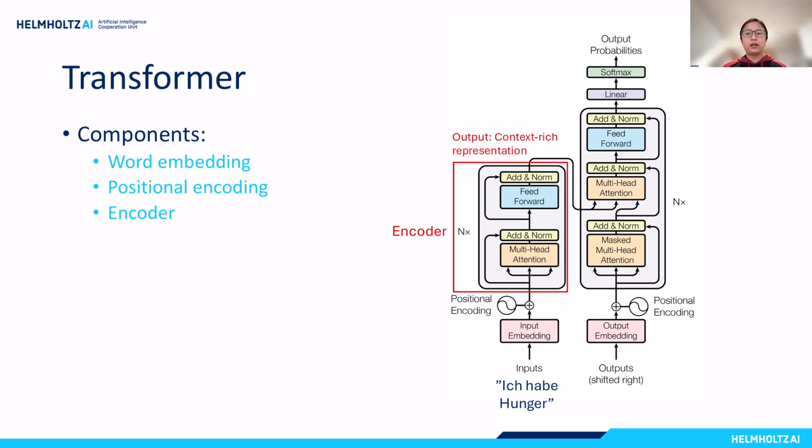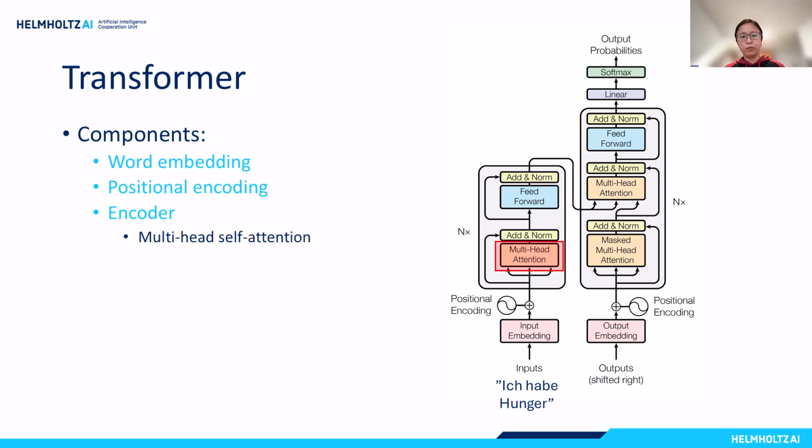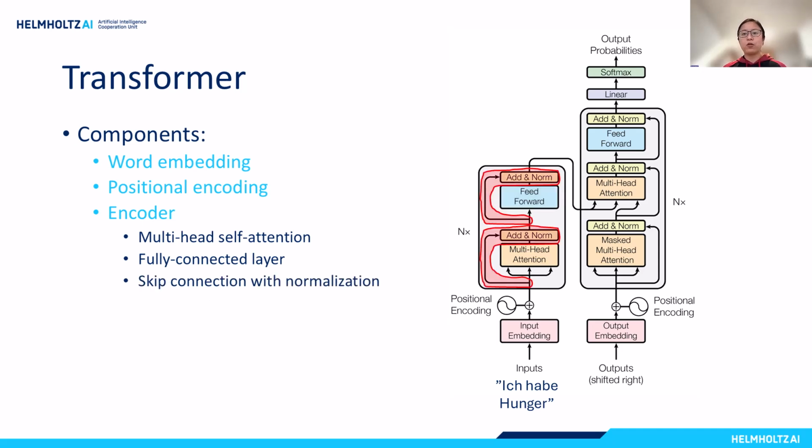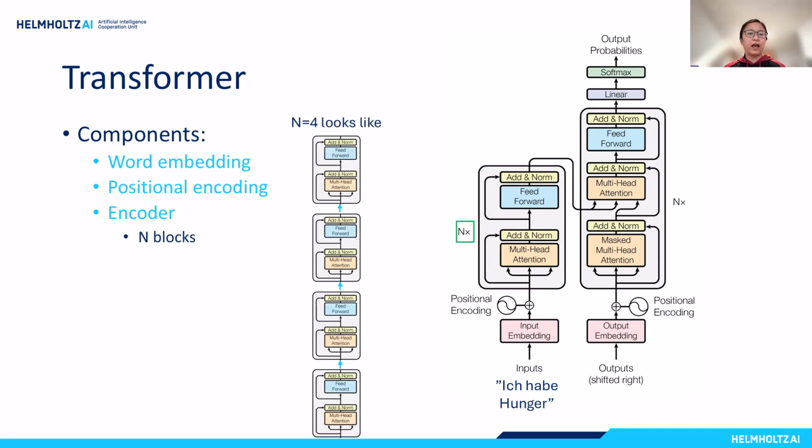To extract that context-rich representation, each encoder block consists of a multi-head self-attention module, followed by a fully connected layer and skip connection with normalization. We can have n blocks of encoders stacked on top of each other.